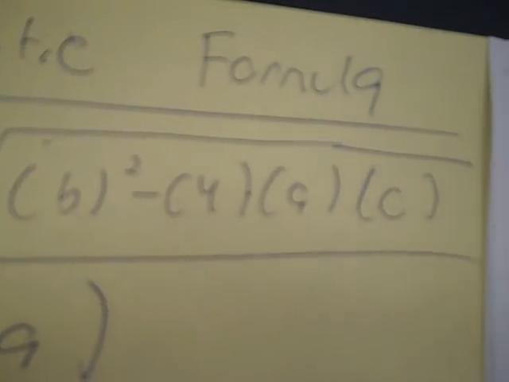Musical note, okay? X equals big line, okay? And then start singing. Opposite of B, opposite of B. So the opposite of negative 5 is positive 5. Plus or minus, so plus minus, the square root, you need your square root kind of long, and then make these parentheses, okay?